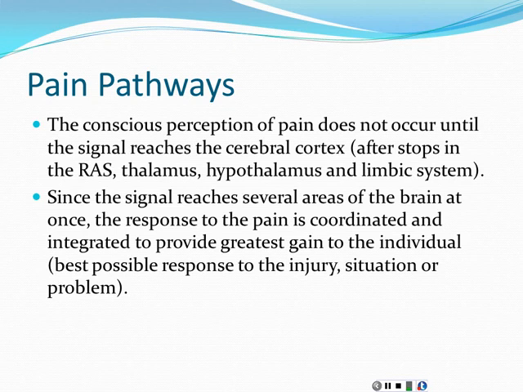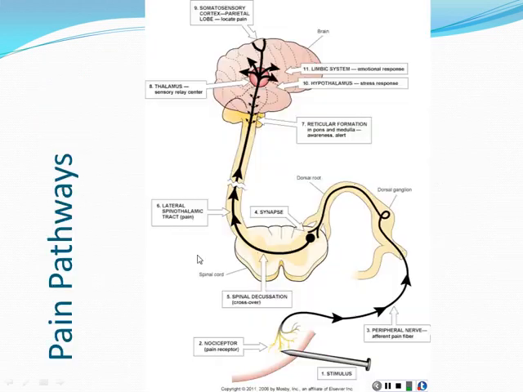The limbic system increases awareness and makes people more sensitive to the environment, so they can determine what the cause of the pain is. So by activating these different places, it gives the organism the best chance of dealing with that pain stimulus, whatever's causing that injury, in as intelligent a way as possible.